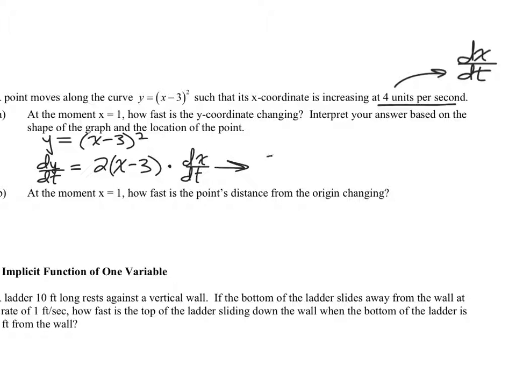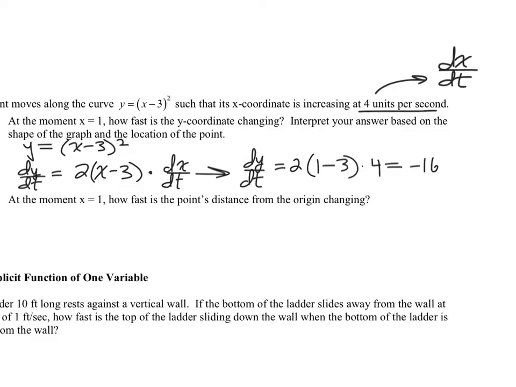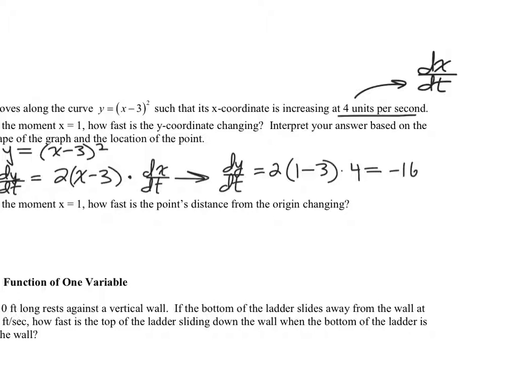So it's going to be 2 times 1 minus 3 times 4. So is that negative 16? And so the units for x, there's no reason to think the units for y would be any different: units per second.